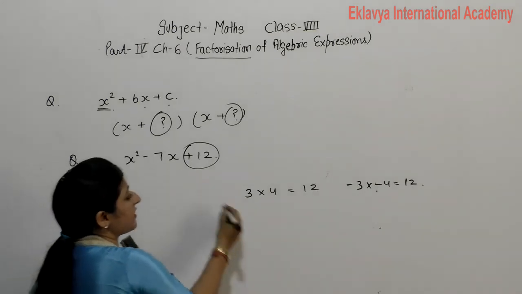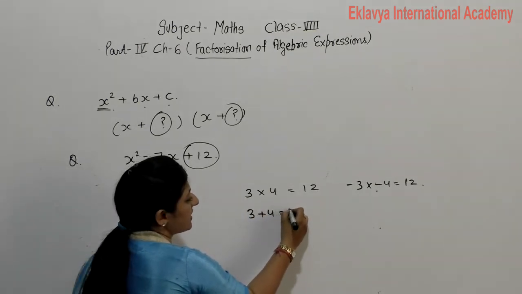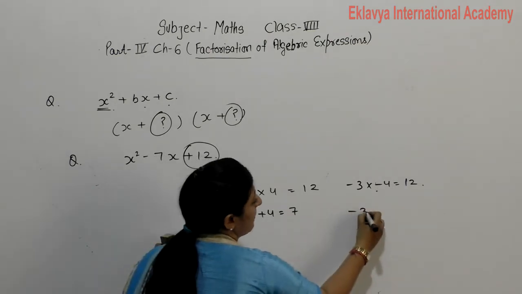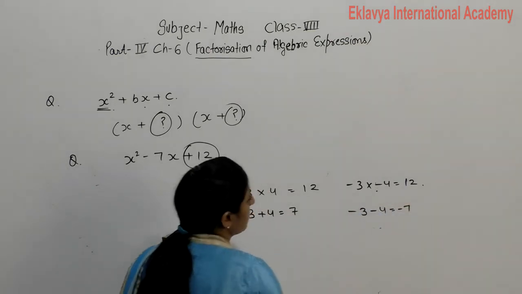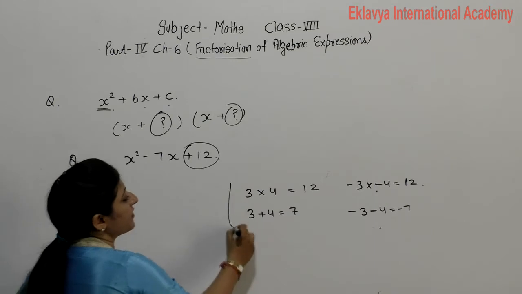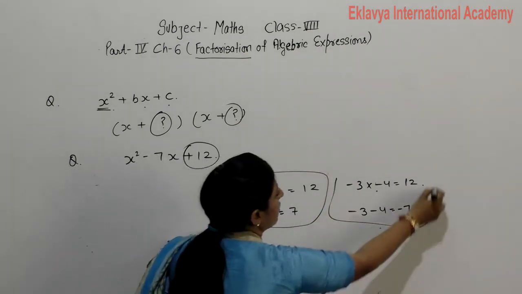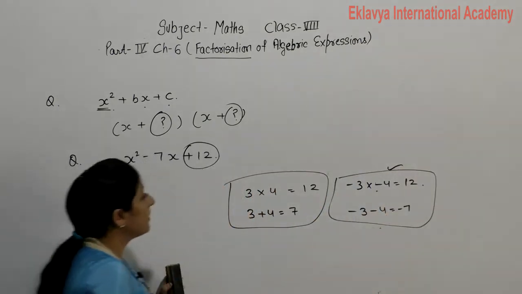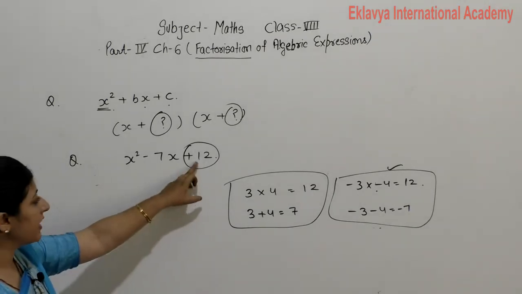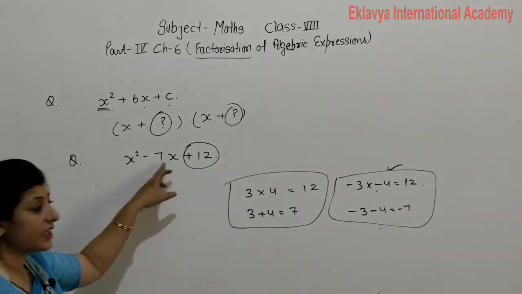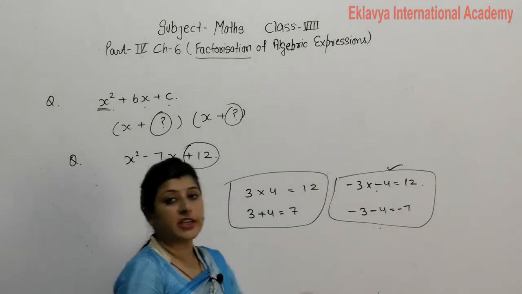If I do both plus, then it becomes 7, minus 3 minus 4 becomes minus 7. Now which condition can we apply for our question? This one, because we want plus 12 here and b value minus 7 here. So minus 7 and here 12.